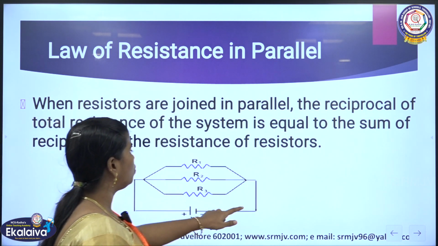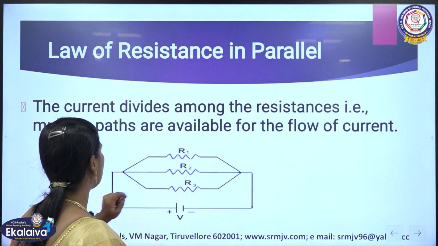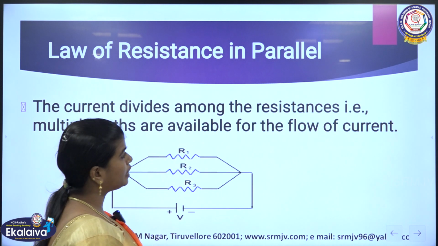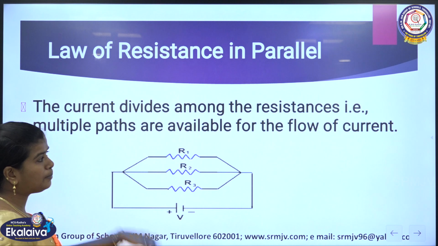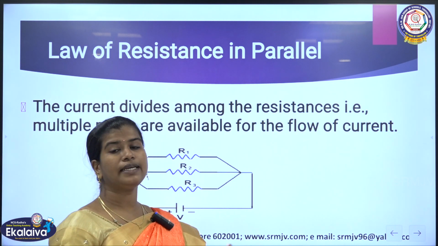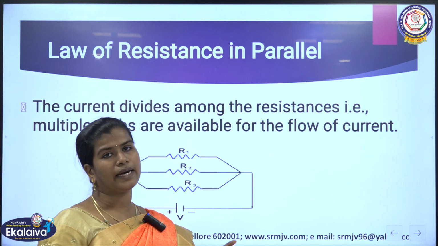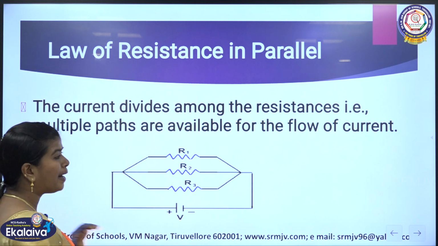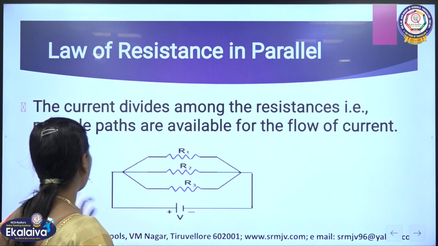Now we will talk about what will happen to the current. The current divides among the resistances, that is, multiple paths are available. In case of series, there is only one single path. In case of parallel, we have multiple paths.